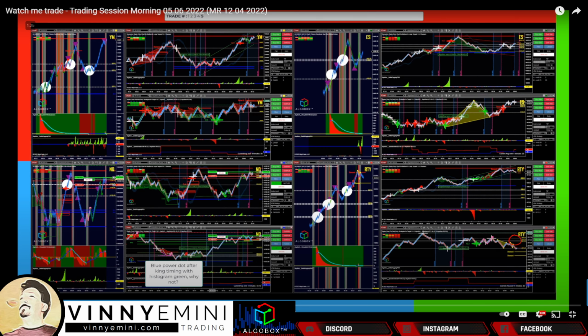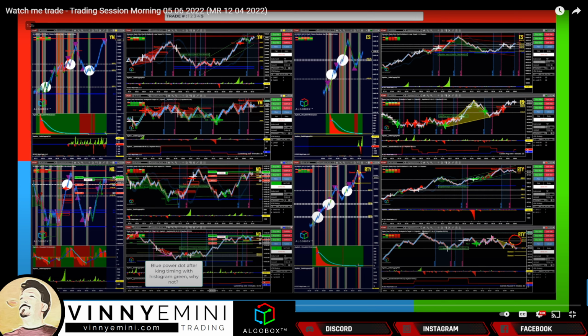Order filled. Okay, he says power dot after king timing with histogram green. Why not? So he's taking a shot at a power dot right here. King power dot for a little bit. I hope he's on tiny here. Looks like he's on small. Looks like he can move his target in. Okay, all right. Not bad.